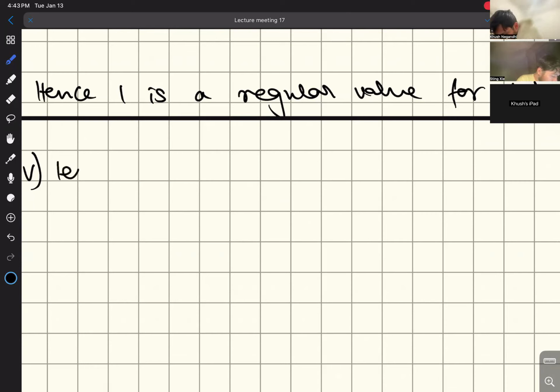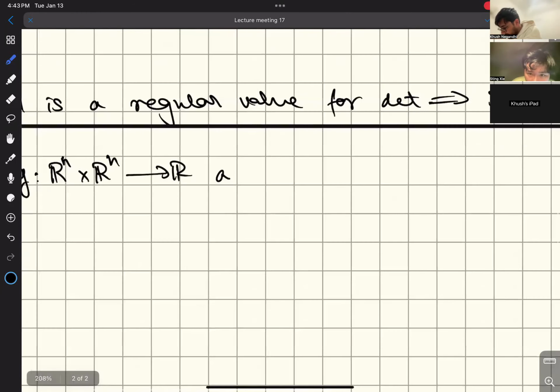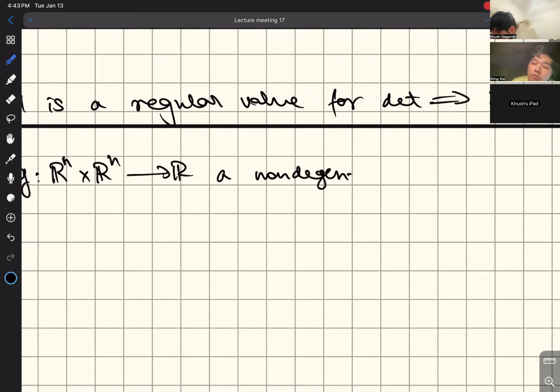So let G be a non-degenerate, symmetric bilinear form.